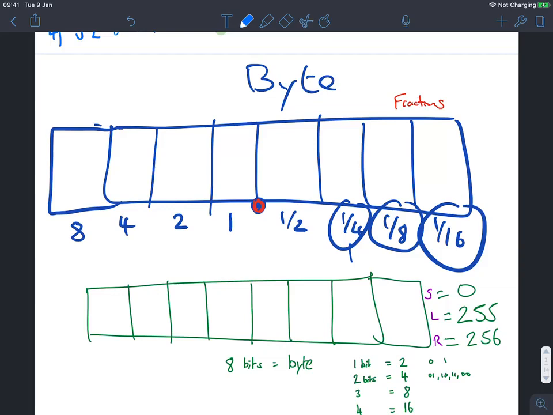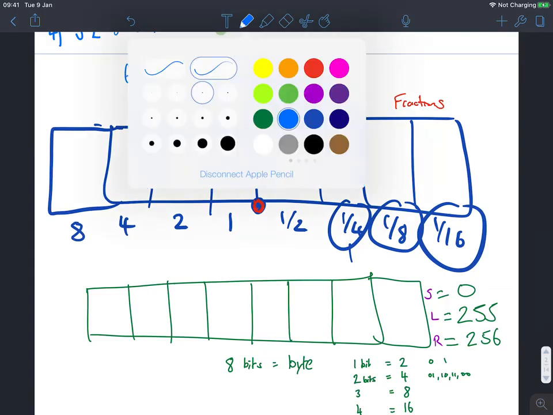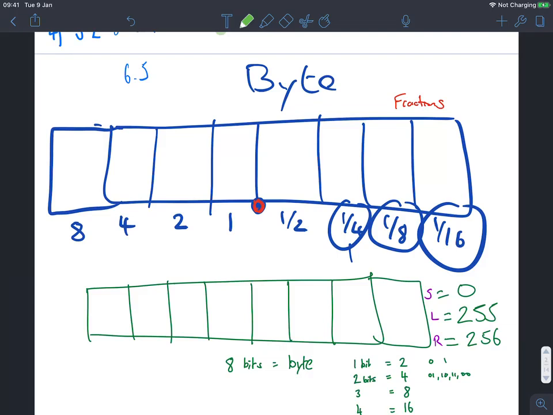So for example, if you wanted to store 6.5, you would have a 1 here, 1 there, and 0, 0, so that represents the 6, and 0.5 would be a half. You can see how the fractions, instead of going up and doubling, halve each time. So you have a half, a quarter, an eighth, a 16th, and so on. And so that would be 6.5.